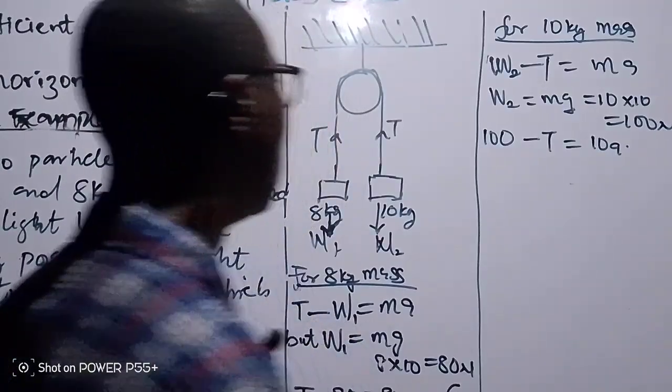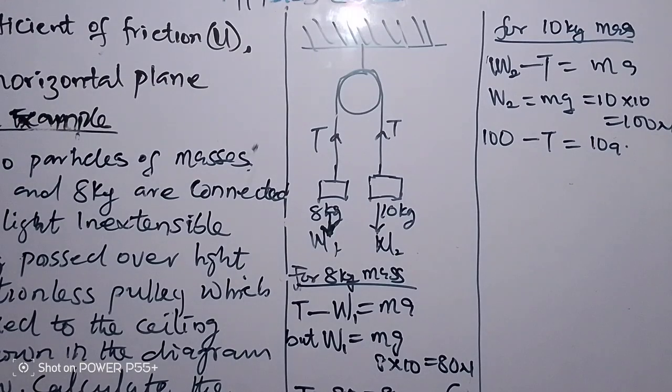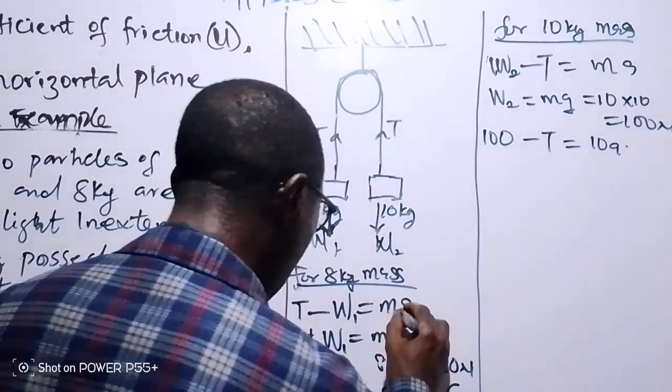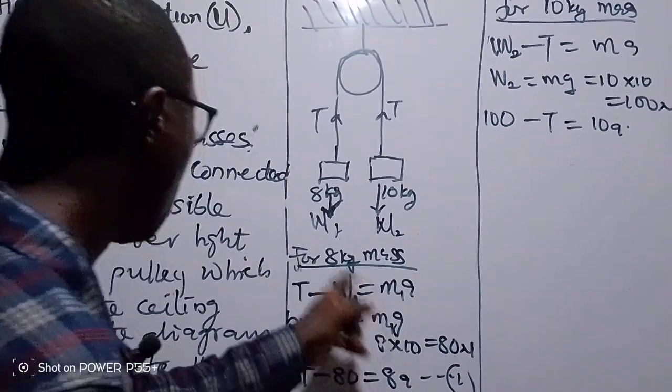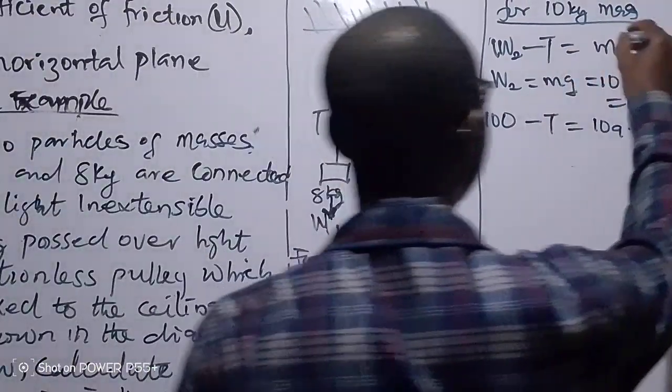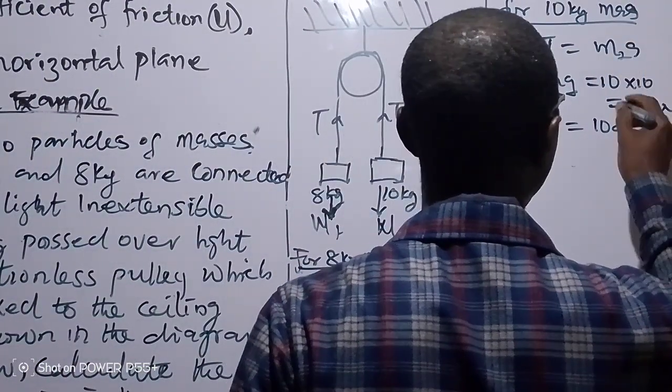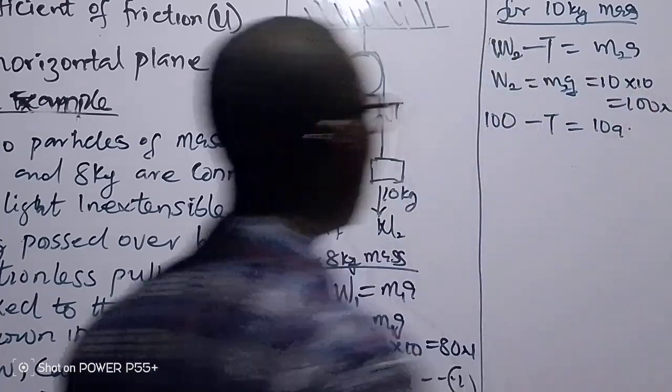Now, mind you, call this one M1 so you are not confused. Our M1 is 8 here. And call this one M2. Our M2 here is 10. So that one is okay.